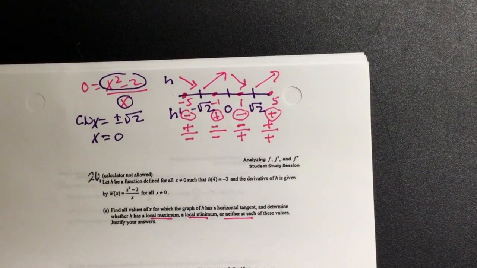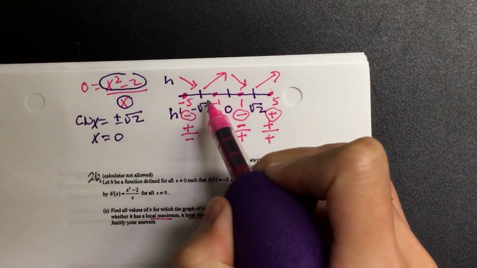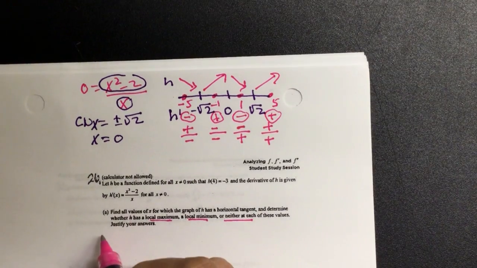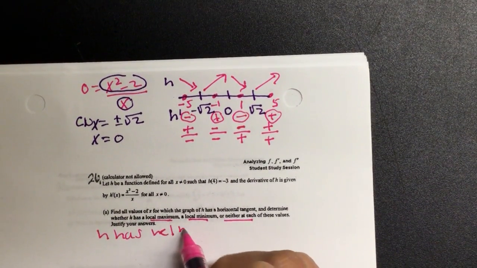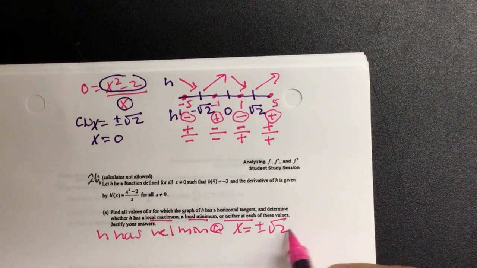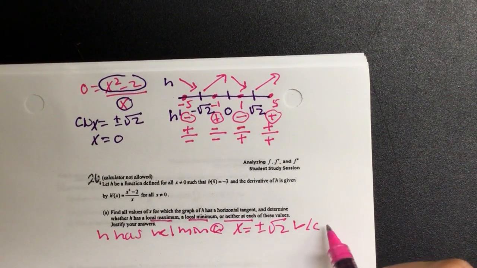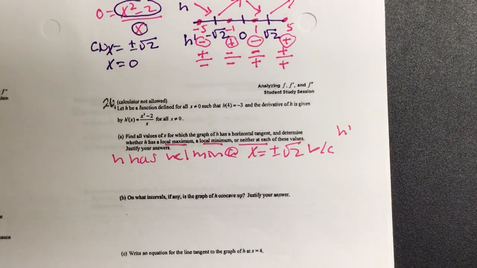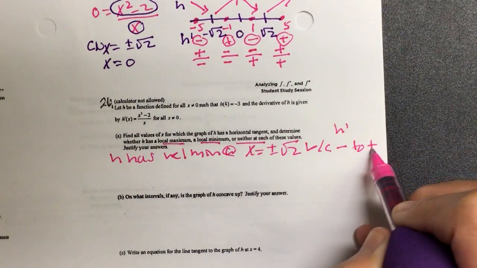So our local minimum and maximum. Looking at this, we have local minimums at negative radical 2 and radical 2. So let's write out: h has a relative minimum at x equals plus or minus radical 2. You can separate that if you want. And that is because h prime is changing from negative to positive.